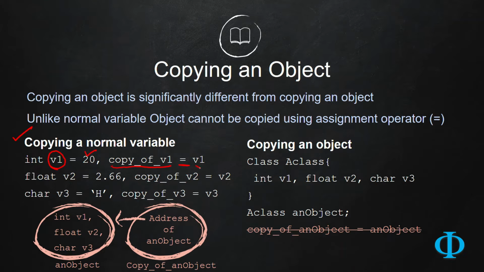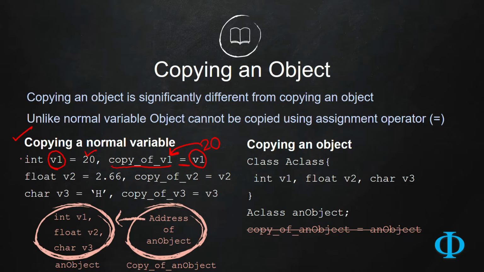And this simple assignment will copy the content of v1, that is 20, inside copy of v1. So that is it. That's the way you make a separate copy of a normal identifier.